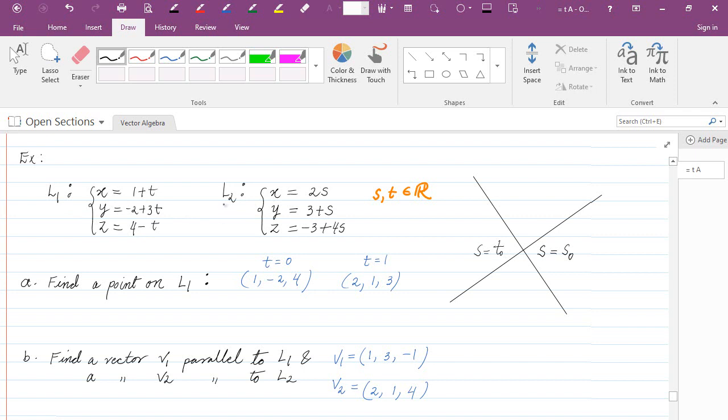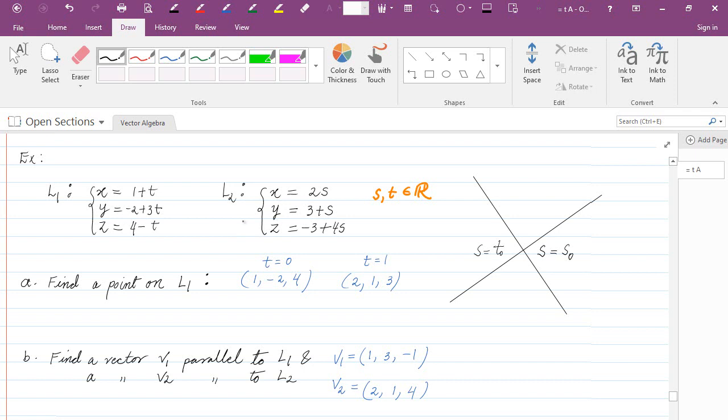In other words, at the intersection, the X coordinate of line 1 should be the same as the X coordinate of line 2, and the Y coordinate of line 1 should be the same as the Y coordinate of line 2, and so on.